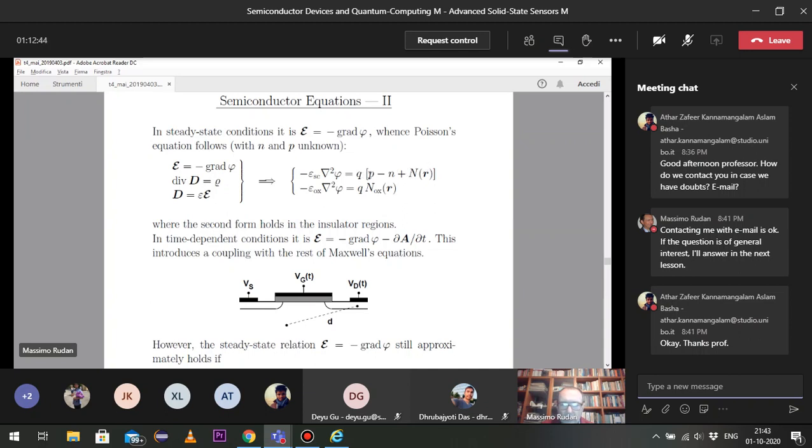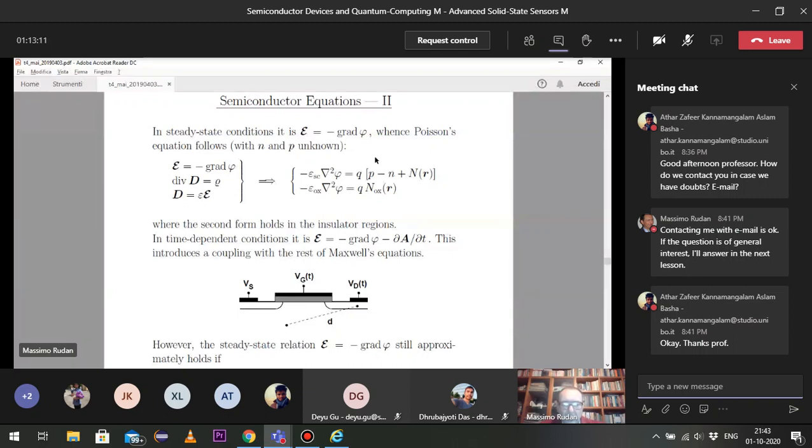In which P and small n are also unknown, so we must couple this equation with the two continuity equations that we examined earlier, and possibly with other equations that complete the model, and that we shall see in a minute.